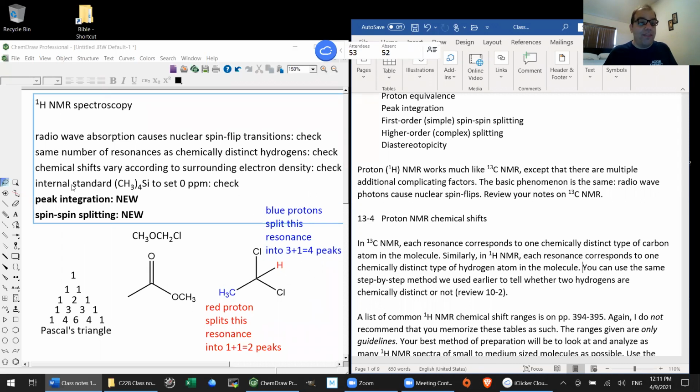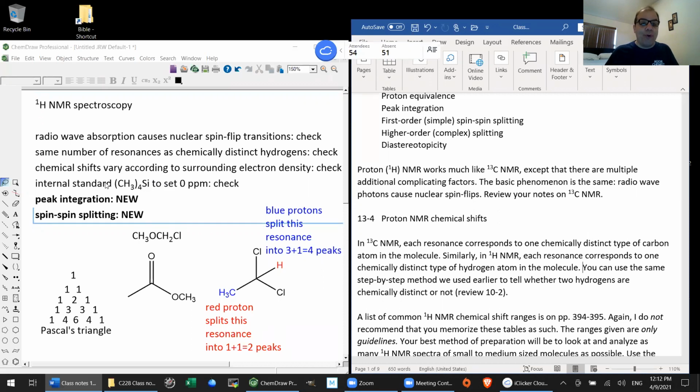Another factor by which carbon and proton NMR are the same is they both use an internal standard by which all of the chemical shifts are set relative to it. And in carbon NMR, we used tetramethylsilane, which is a silicon atom with 4 methyl groups on it.